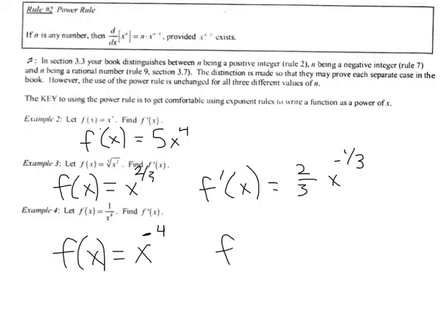Once we have that, f prime of x, we bring the power down to the front, so we have a negative 4 out front, times x, the new power is 1 less than the original, 1 less than negative 4 is negative 5. Okay, that is the power rule. At times it can be a little confusing, but overall it's probably going to be the simplest one that we cover.